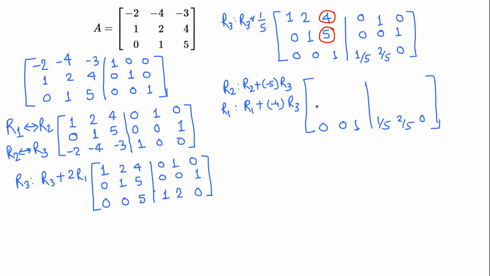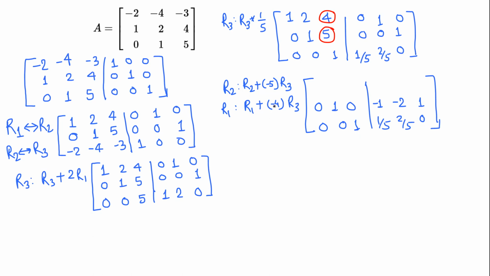Okay, here is 0, so we are multiplying by -5 and adding to this, so this is 1. Multiply -5 plus 5, 0. Multiply by -5, that makes -1 plus 0, -1. Multiply by -5, that makes -2 plus 0, -2. Multiply by -5, that's just 0, and 1 is just 1.